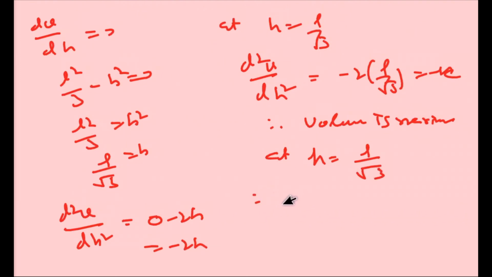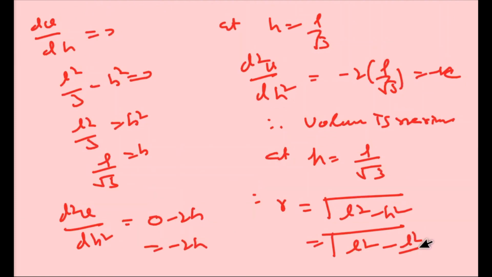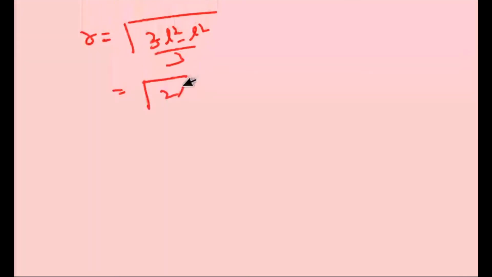Therefore, we can find the value of R, that is under root L square minus H square. So L square minus L square by 3 is 2L square by 3, so R equals L root 2 by root 3.